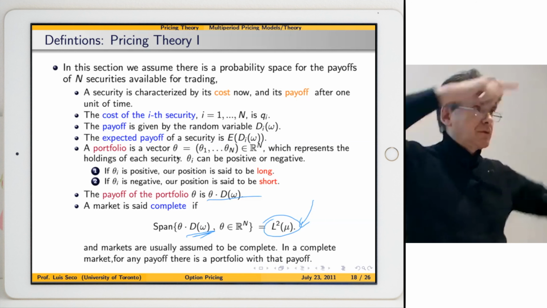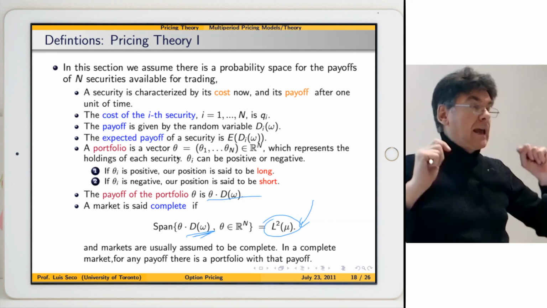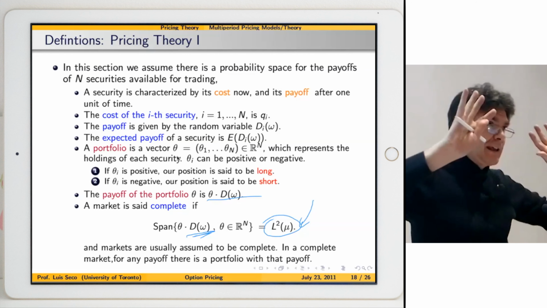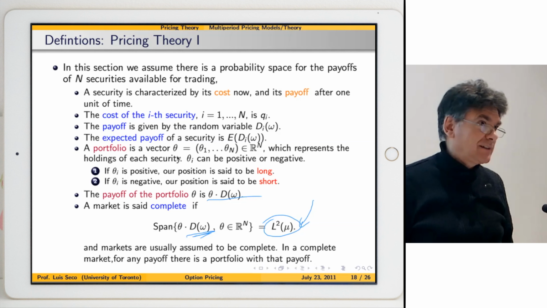Because with those 3 payoffs, 111, 100, and my stock, which is 2, 1.5, I generate the entire 3-dimensional Euclidean space. Yes? What is the mu? Mu is my probability. So this is my L2 mu here. Okay?